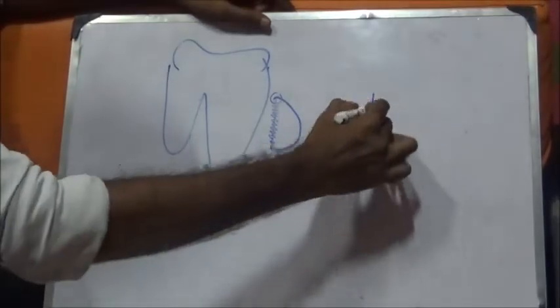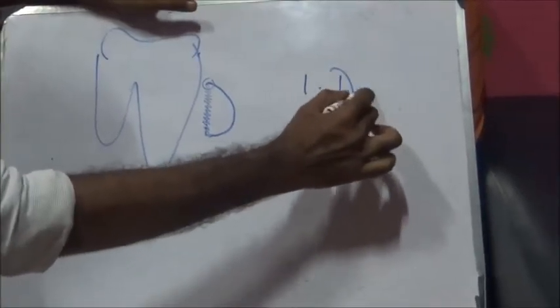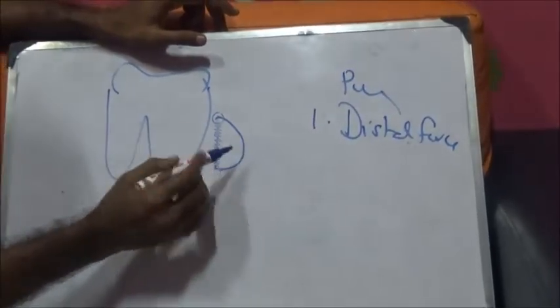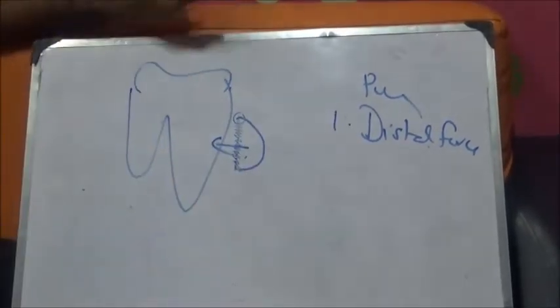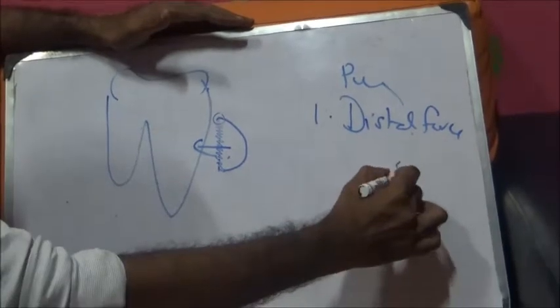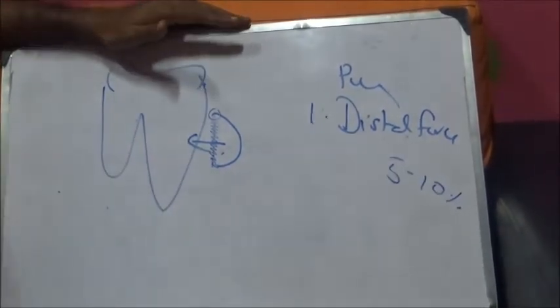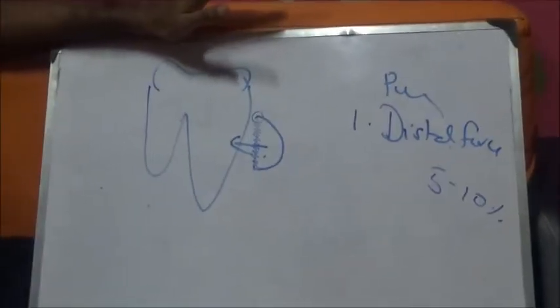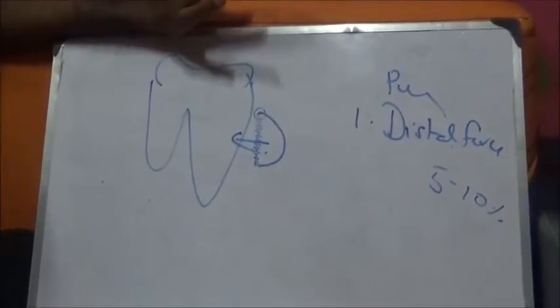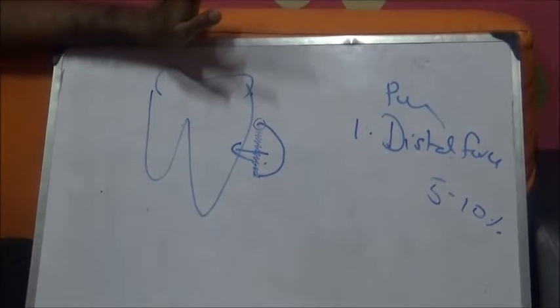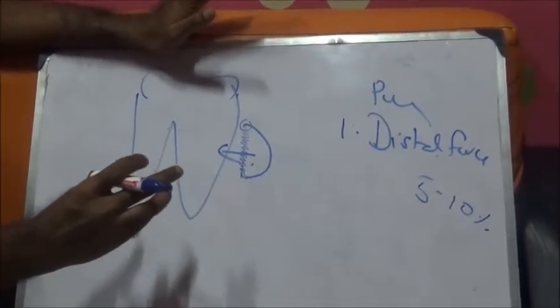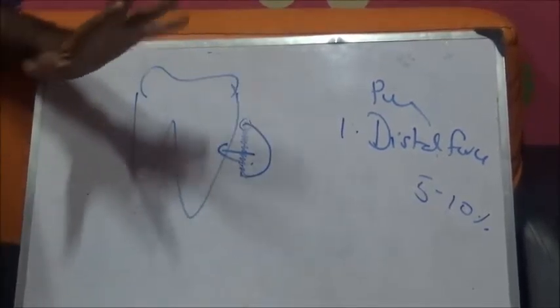There are three techniques you can use. One is using pure distal force. Just push this distally, that's it. But it is only 5 to 10% important. It is for the initial movement, just 1 or 2 movements of distal force, just to disturb and loosen the periodontal ligament.